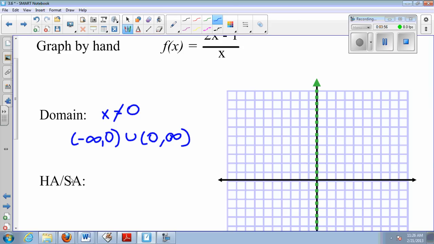For our horizontal or slant asymptote, we divide. So we have 2x minus 1 dividing by x. We get 2. And negative 1 is our remainder, which doesn't matter.